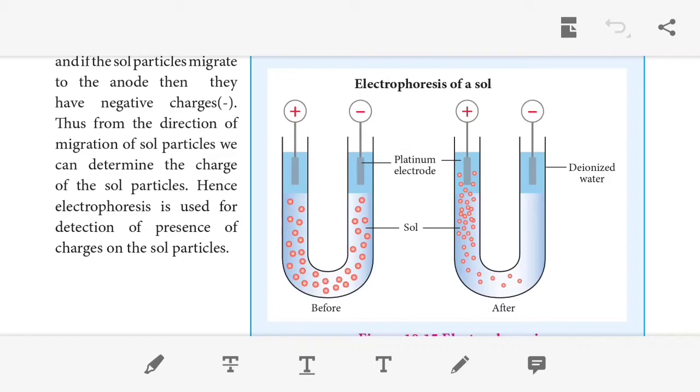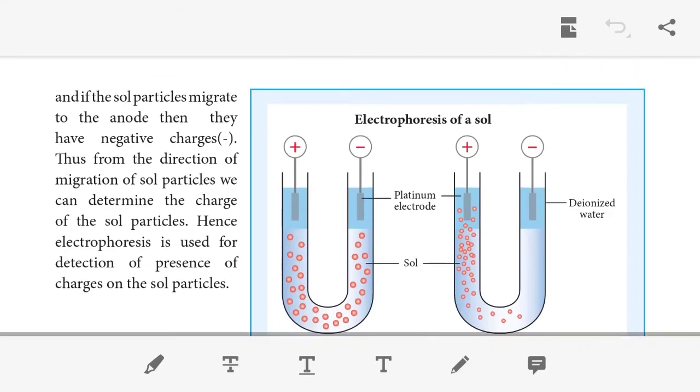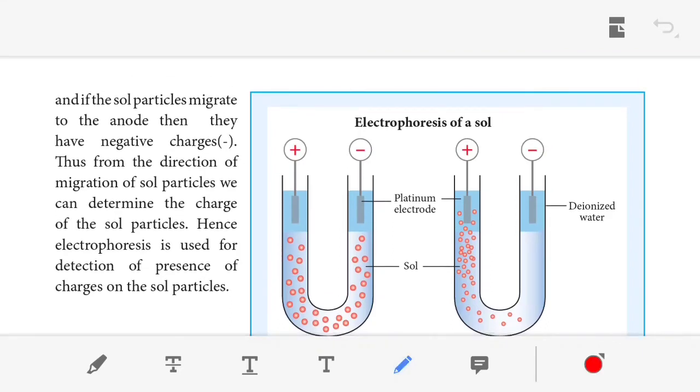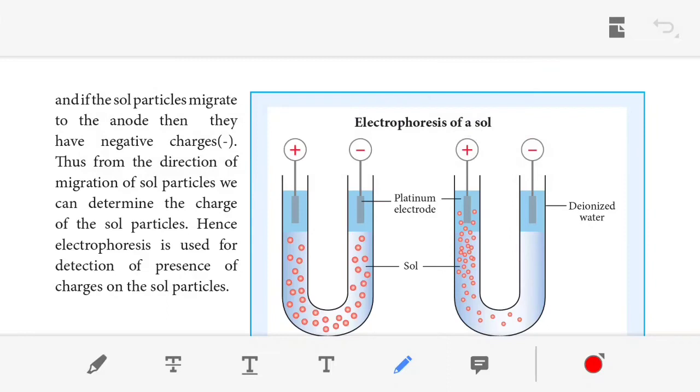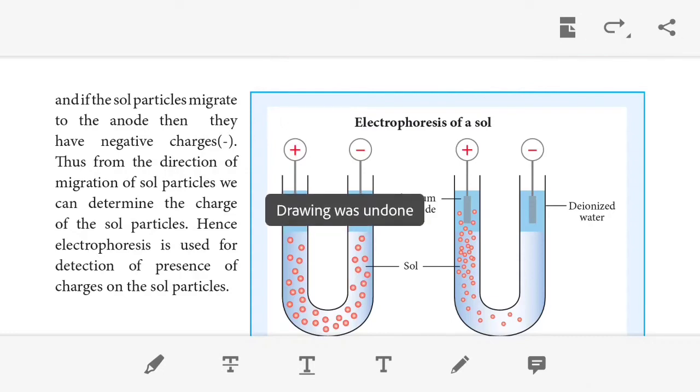Okay. So if the sol particles migrate to the anode, for example, this sol particle, they have negative charge, that is minus. Thus from the direction of migration of the sol particle, we can determine the charge of the sol particle. So electrophoresis is used for detecting the presence of charge on the sol particle.